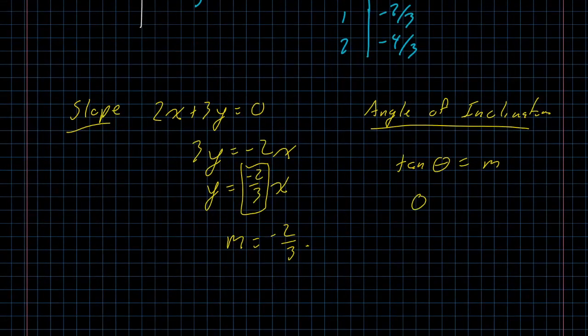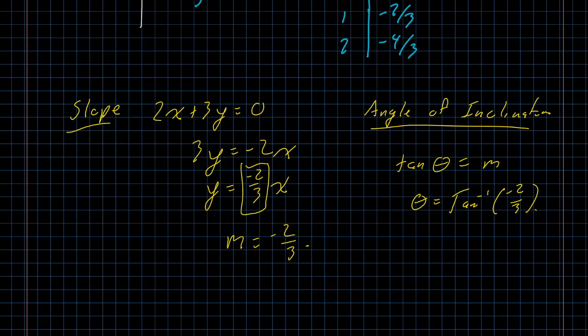So in this case, our angle is the arctangent of negative 2/3. And for my purposes, that's good enough because that's not an angle I know exactly, but I know exactly that it is the arctangent of negative 2/3, so I'll leave it there.